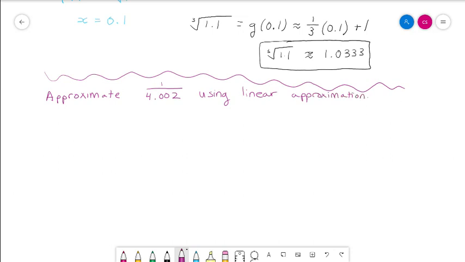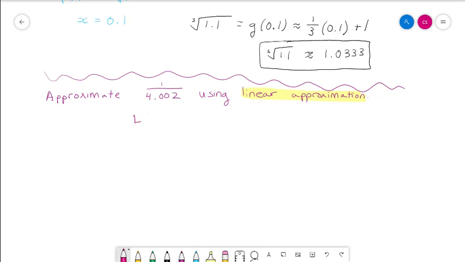Okay, so notice in this one, they don't give you a formula. They don't give you a curve. They don't give you an a. So when we're talking about linear approximation, we know we need those things, right? And again, a good first step is always to pick up on that key word.